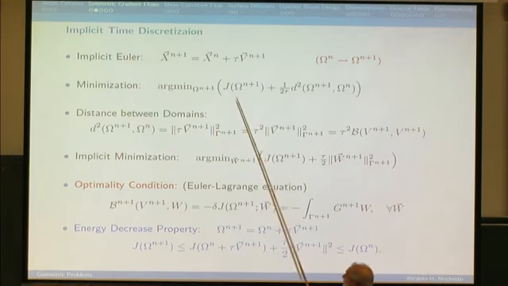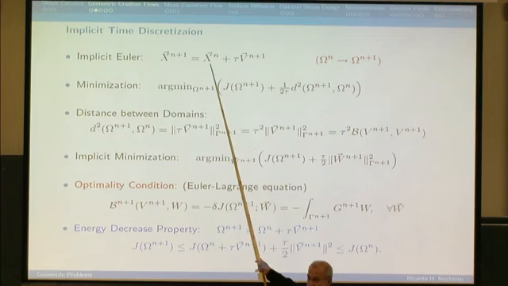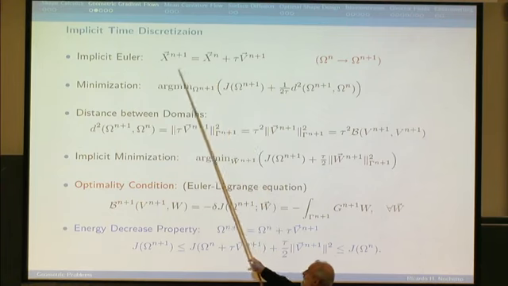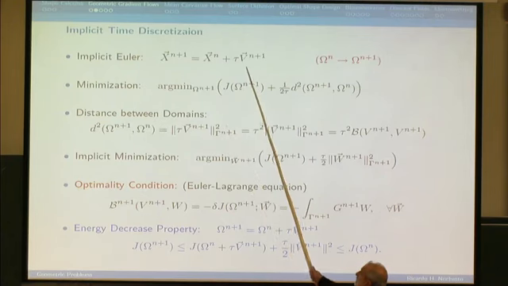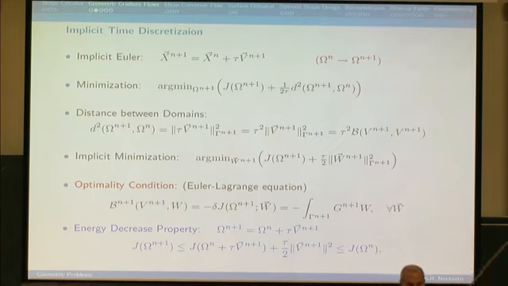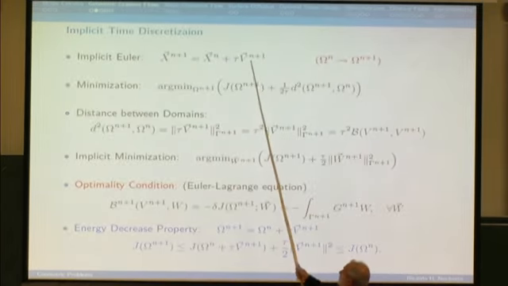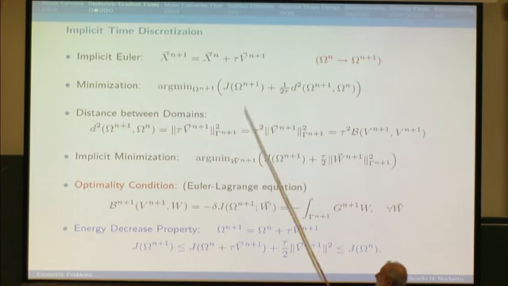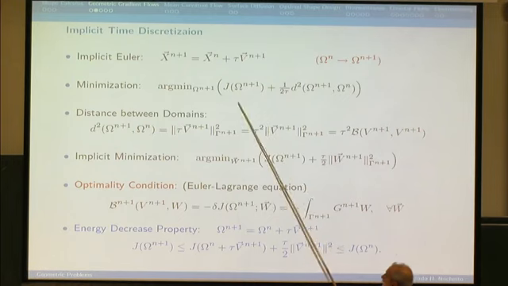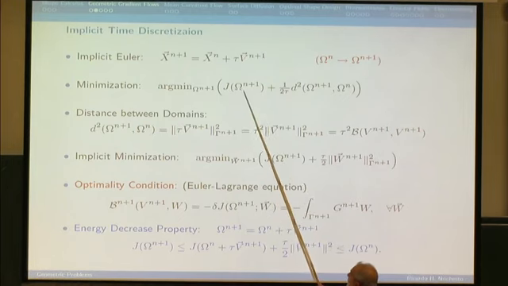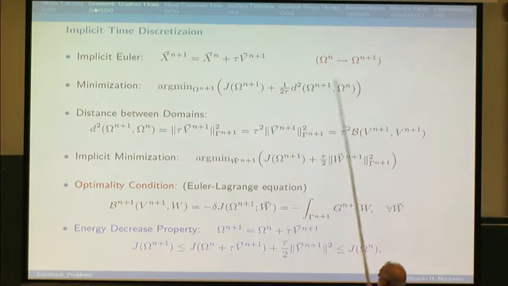And here is a sort of implicit discretization in time. Imagine that I have a configuration which I call xn, that describes a domain, and I want to go to the next configuration, which is close by. I call it xn plus 1, and the connection is to a velocity vn plus 1 that I want to compute. So I know this, and I want to compute this. Then I write this discretized variational problem. I want to minimize J in the new configuration, penalizing the distance between the two domains.